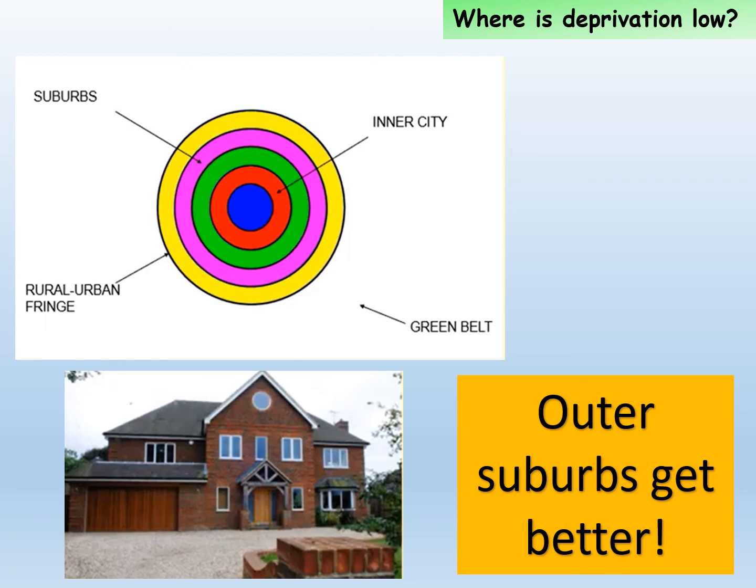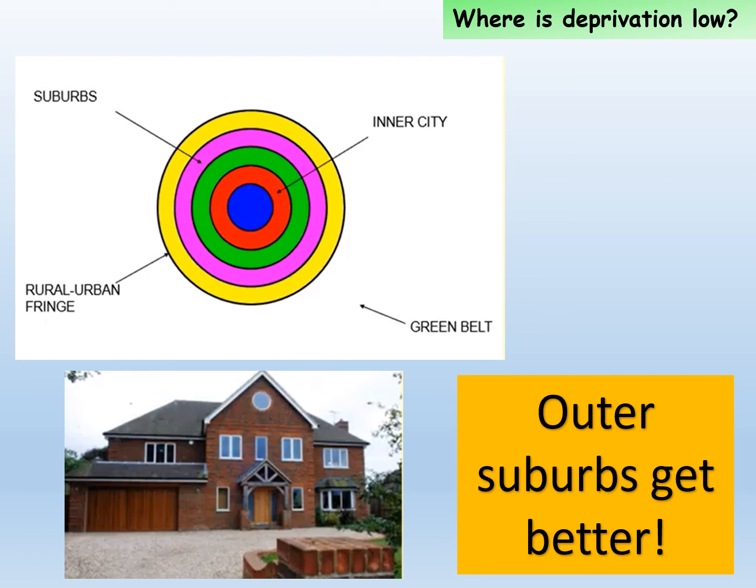Because as we've said, the jobs move out to the outer suburbs, it means you're more likely to get a job, people have got more money, and therefore, what sort of houses do we find in the outer suburbs? Well, if you look at the picture at the bottom of the screen, big detached houses, you can see that is a much nicer place to live than the inner city. So deindustrialization, whereas it's killing the inner city, is actually helping the outer suburbs to get better.